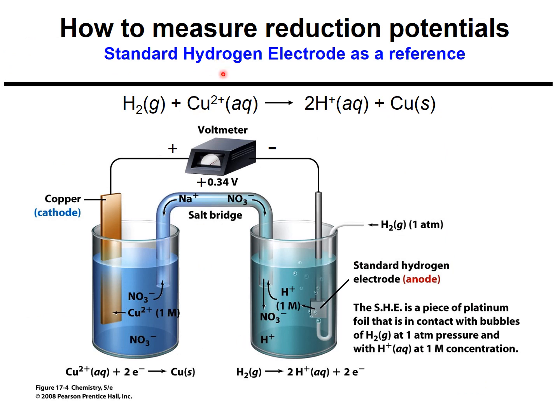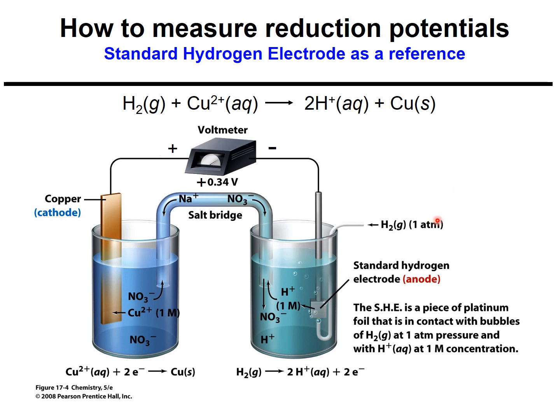How to measure reduction potentials? In this case, I have used the standard hydrogen electrode, or SHE, as a reference. Here are 2 compartments, and in the left compartment I have the standard hydrogen electrode. So let me check this hydrogen electrode. Hydrogen gas is introduced onto the electrode surface.